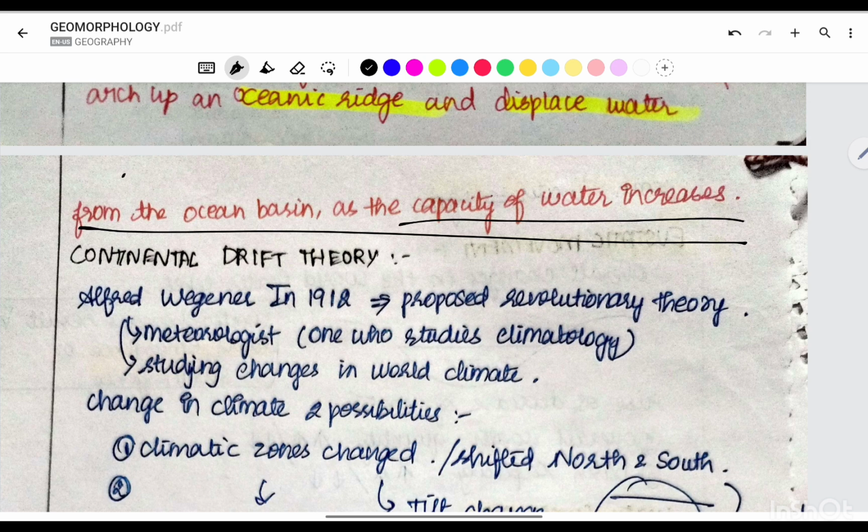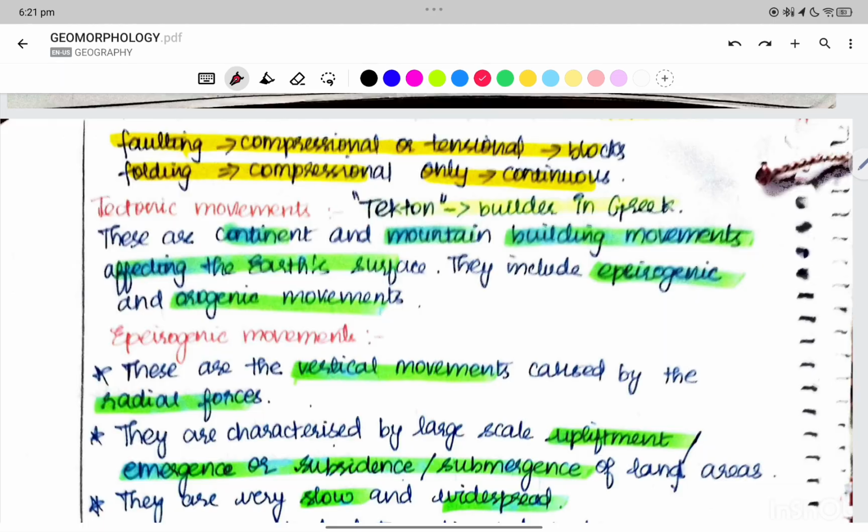These are the topics related to tectonic, isostatic, and eustatic. Previously, we saw that the endogenetic forces, which are acting from within the Earth's surface, are of two types: diastrophic and sudden forces.